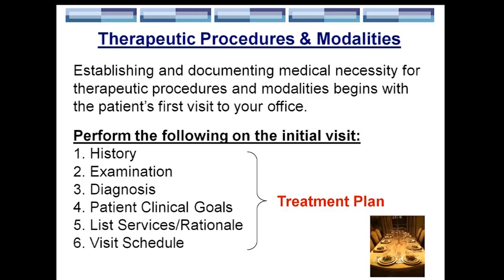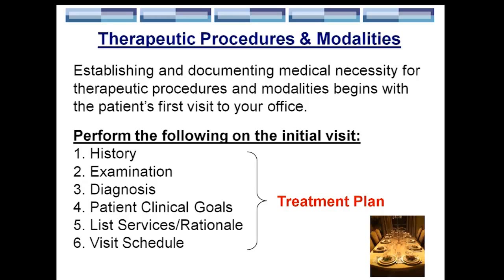Next are the services that you're going to be rendering. So the services, we're talking about what? Ice packs, hot packs, EMS, traction, manual therapy, massage therapy, therapeutic exercises. We're going to be touching on these in a few minutes. What else? DME, TENS machines, back braces, x-rays. I mean, what are you going to be providing to the patient?